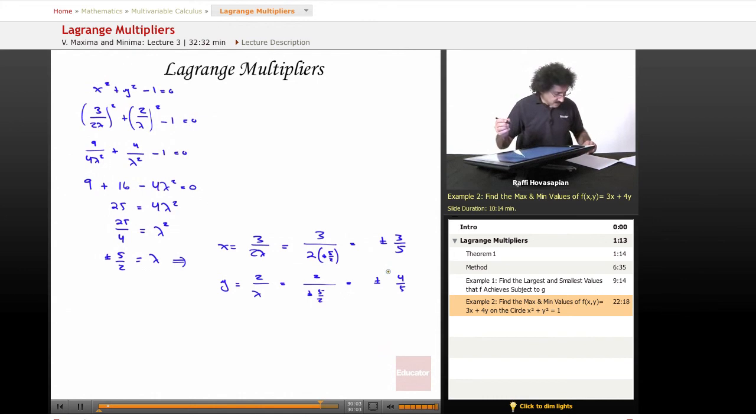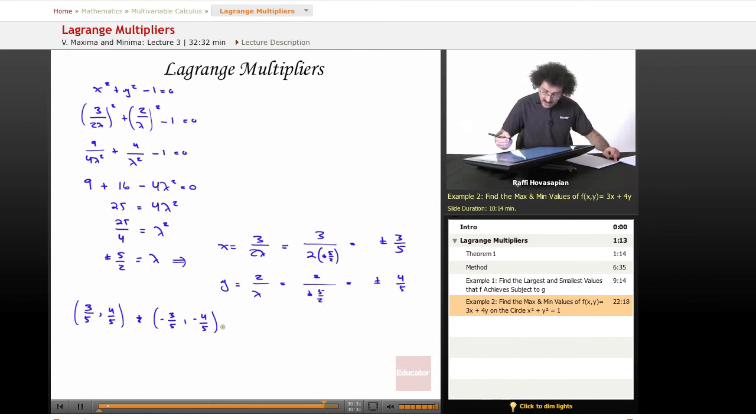So that's it. So basically, our points that we're going to pick are 3/5 and 4/5, that's one possibility, and minus 3/5 and minus 4/5, that's the other possibility.